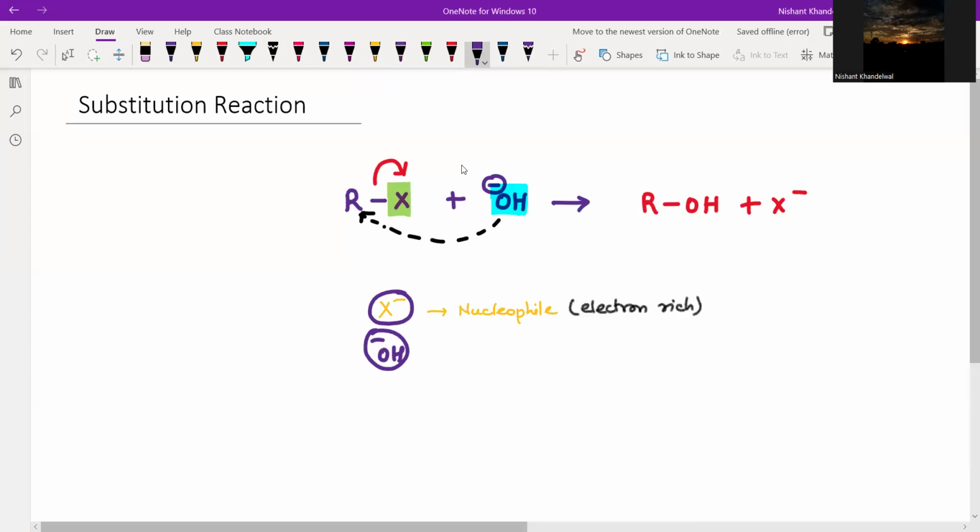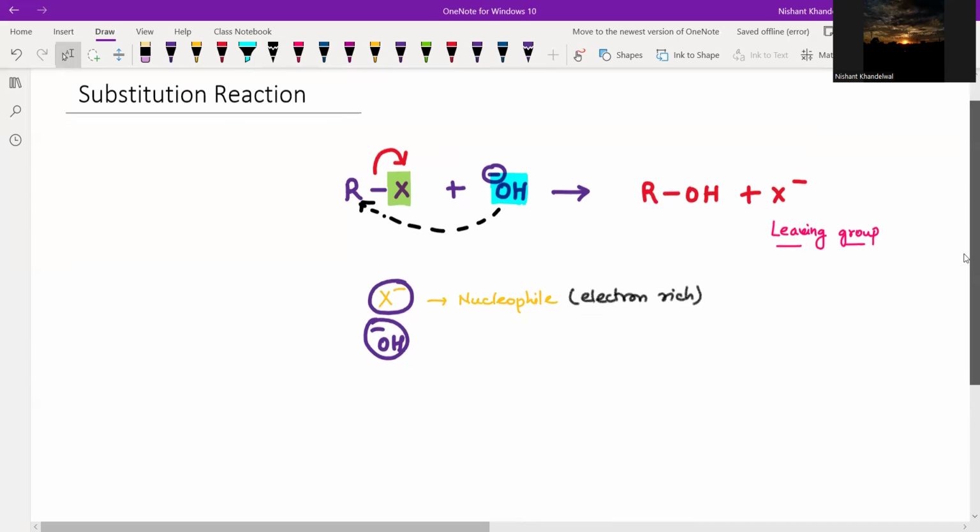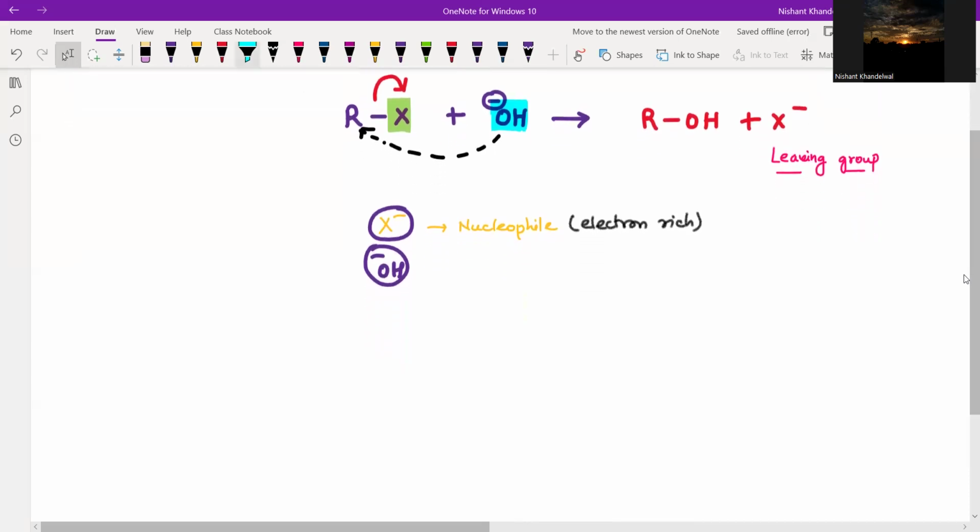So OH minus is definitely a stronger nucleophile than X minus. So this type of reaction is called a substitution reaction, in which X minus is called the leaving group. Right. Now let us see different types of substitution reactions in organic chemistry.